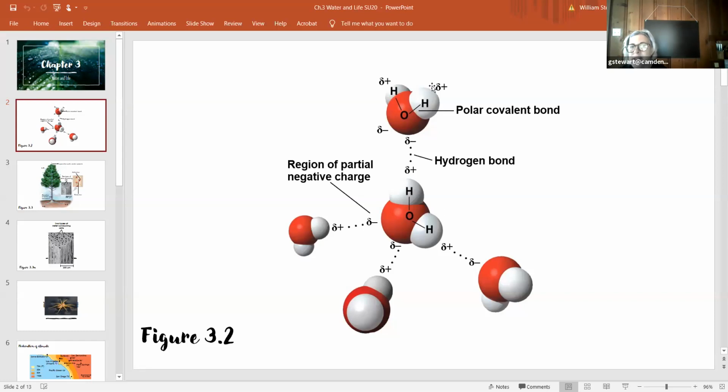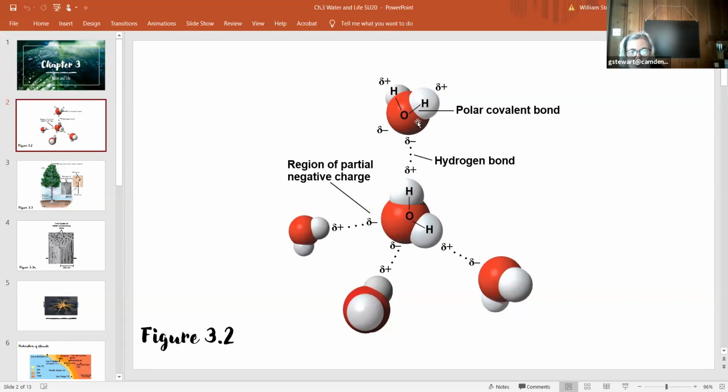Now, see these little symbols here with the plus, that means a slight positive charge and a slight negative charge. And remember, that's the polarity of a water molecule, that the oxygen side of the water molecule has a slight negative charge, really in these 2 areas, and the hydrogen side of a water molecule has these slight positive charges.